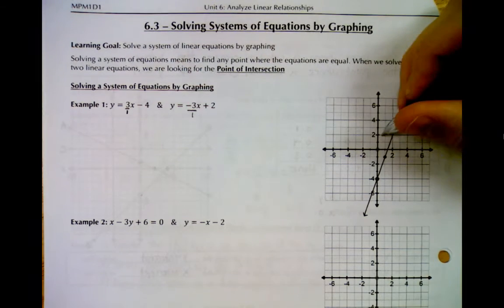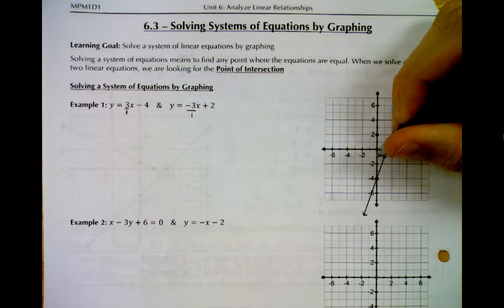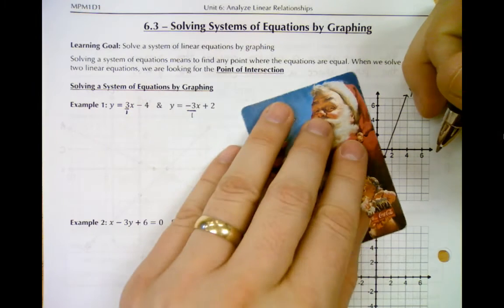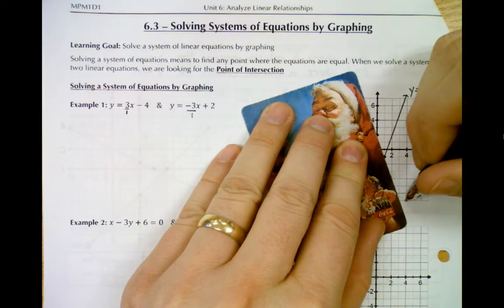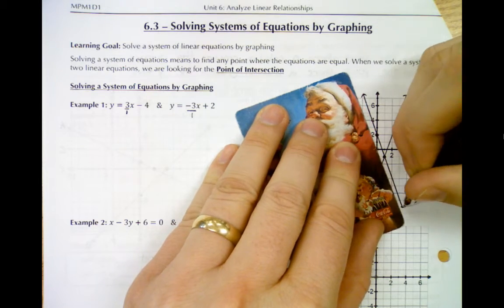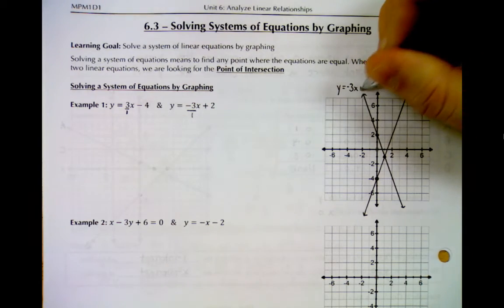So starting at 2, we would go down 3, that would take us to negative 1. Over 1 takes us to this point, which was on our other line. We're going to connect the dots to form a straight line, and we're going to label it with the equation, y equals negative 3x plus 2.